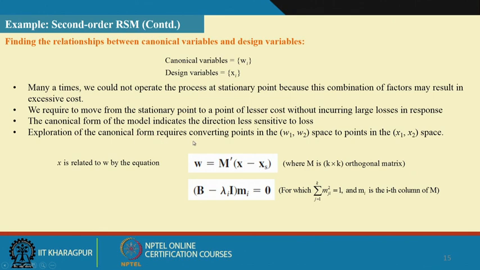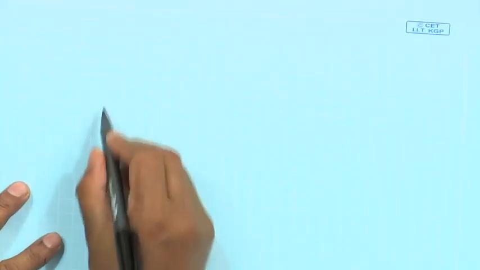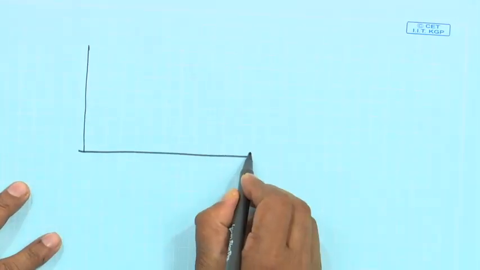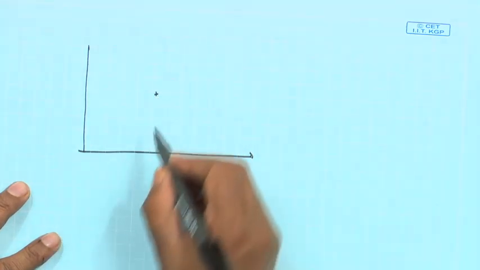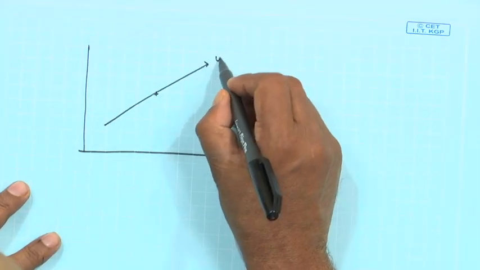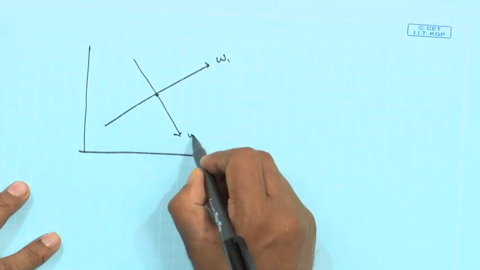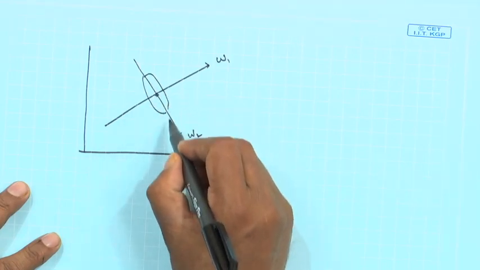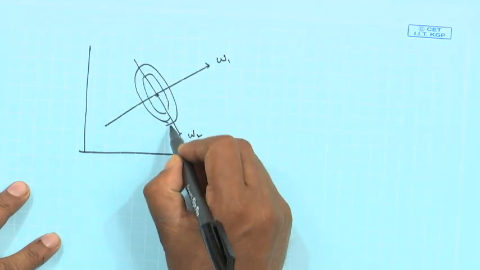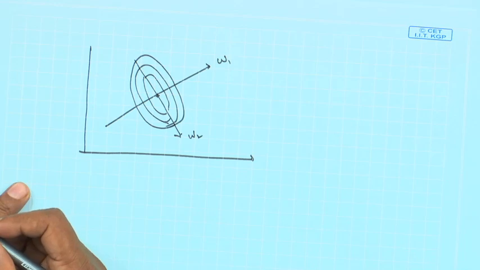Exploration of the canonical form requires converting points in the W1, W2 space to points in the X1 and X2 space. What is happening here? Let us see. Our stationary point is this, and this one is the W1 and this is the W2 axis, and suppose your response surface contour plots are like this.